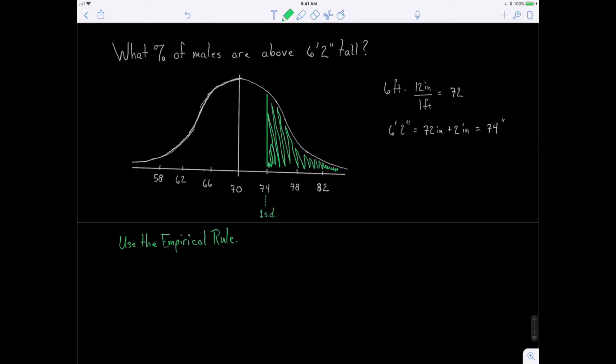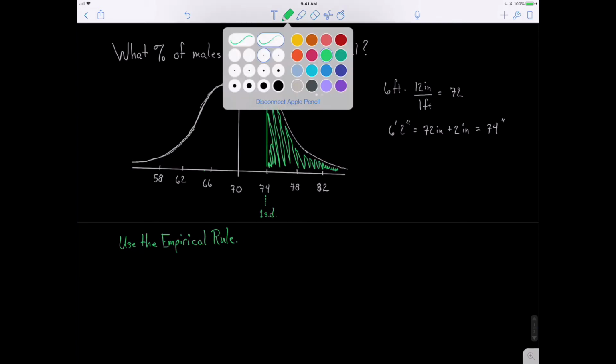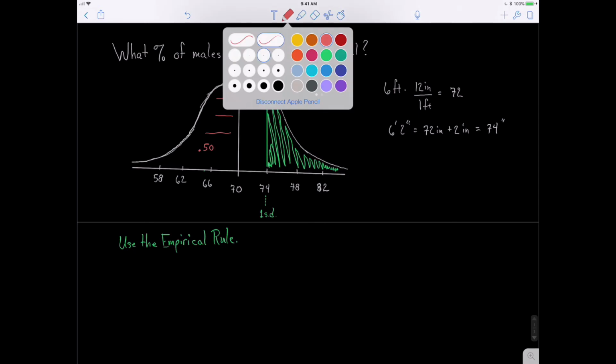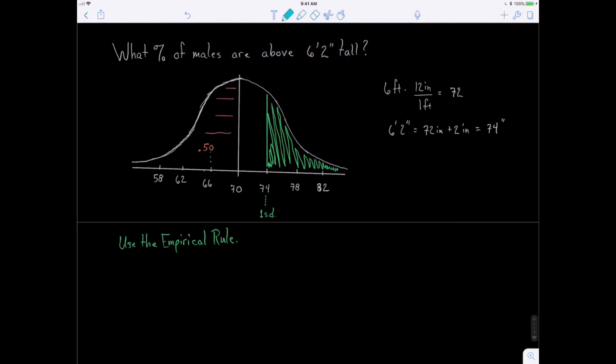So let's think about this. In the problem that we just did, in the problem above, we said that this region right here is half, that this is 0.5 or 0.50. Now, we've also said that if I go a standard deviation above and a standard deviation below, then this blue region, well, that represents 68% or 0.68.